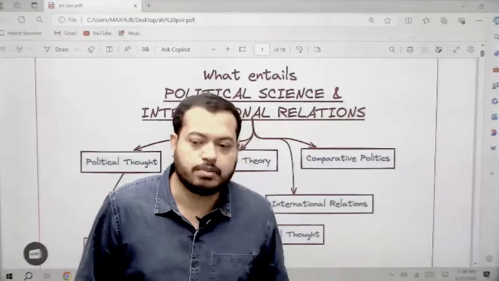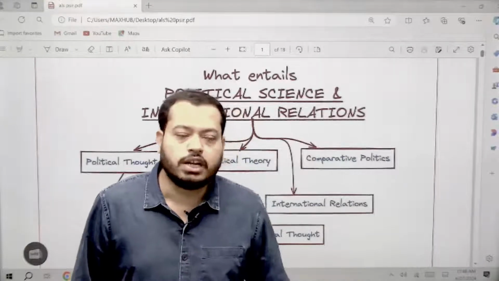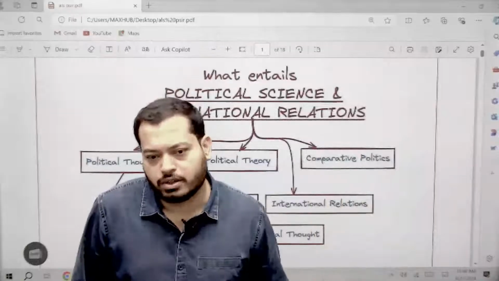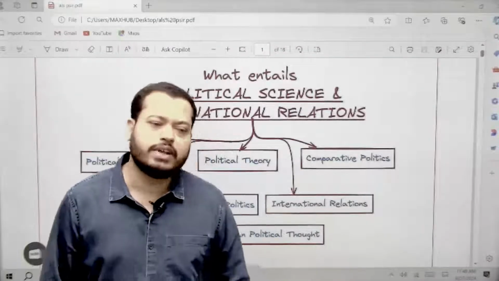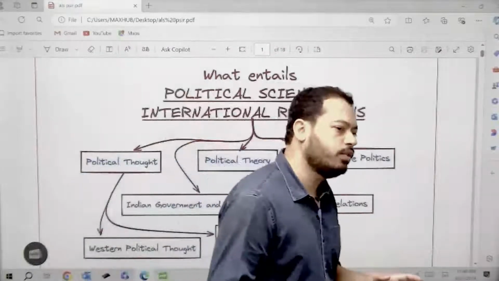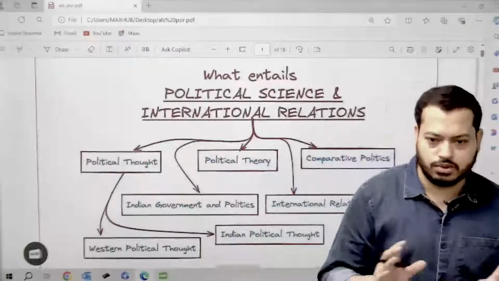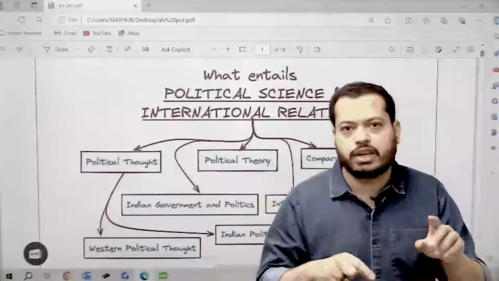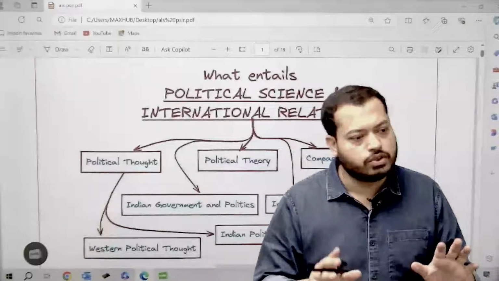For example, they will say read about the fundamental rights, everything about the fundamental rights, or they talk in a very generic sense. If they talk in a generic sense, you won't be able to draft the contours of what has to be studied and what can be skipped. So you have to be very precise.